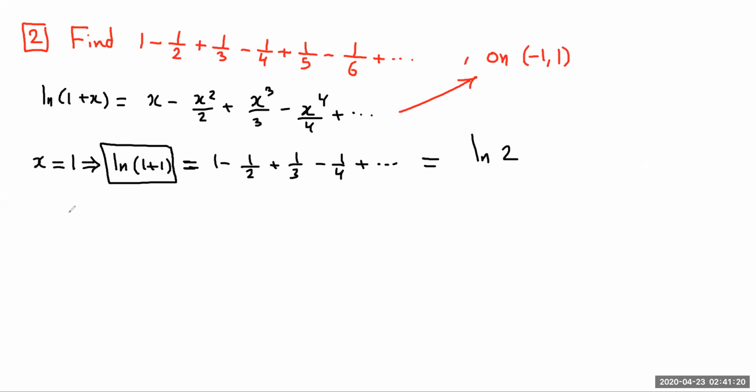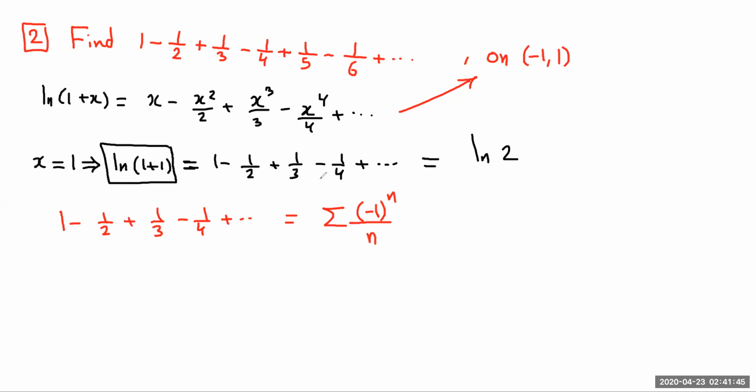So let's take this series: 1 - 1/2 + 1/3 - 1/4 + etc. This is the same sigma as here, but with x = 1. So I have sigma of (-1)^n over n.